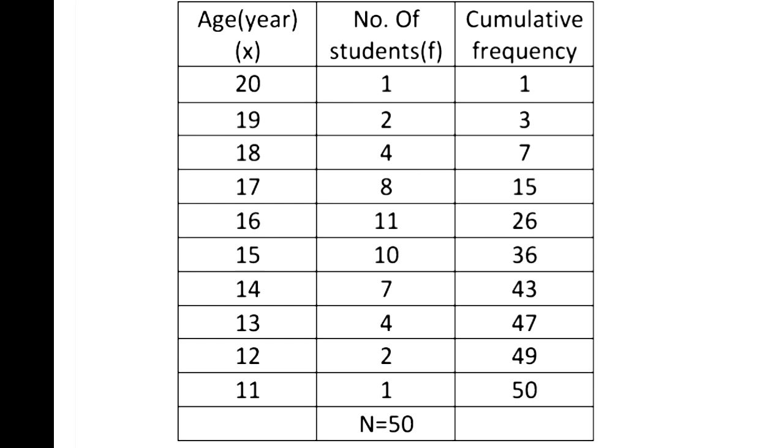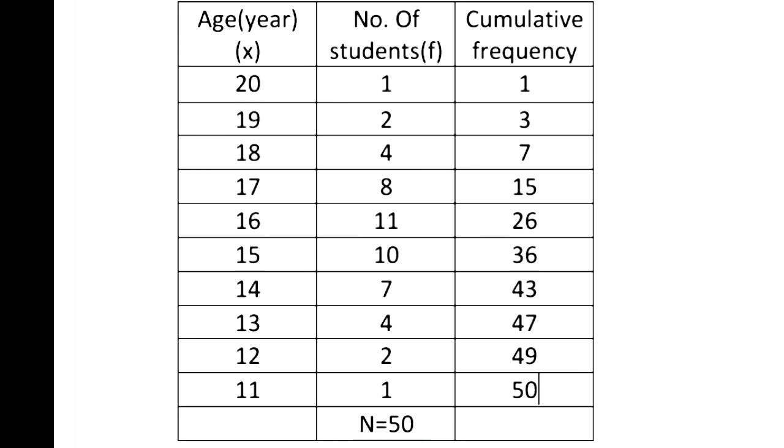So the last value of the cumulative frequency table equals 50 and the total frequency is also 50. You must always remember that the last value of the cumulative frequency table and the total frequency value should always be the same. Now we have found the total frequency value and the cumulative frequency table.